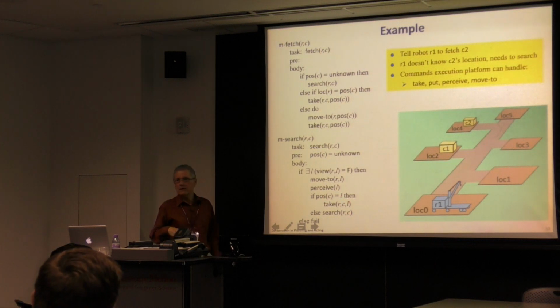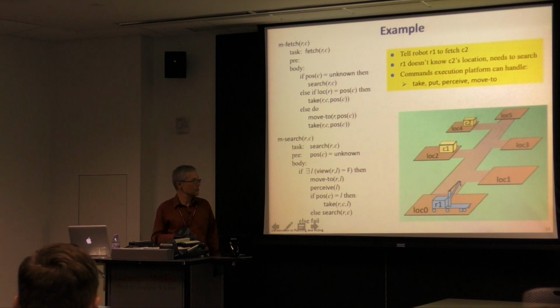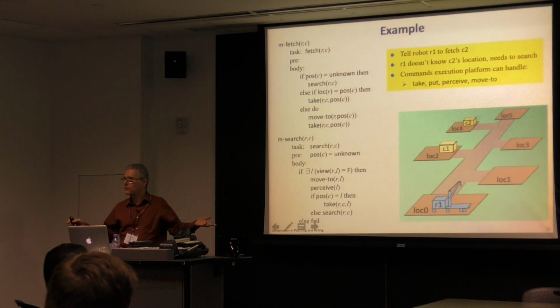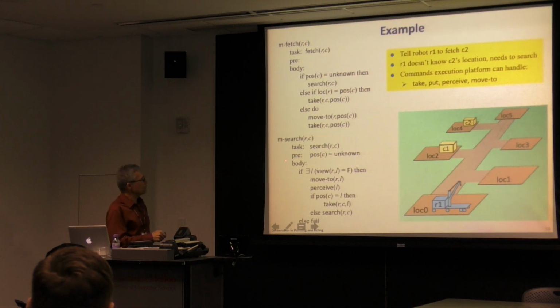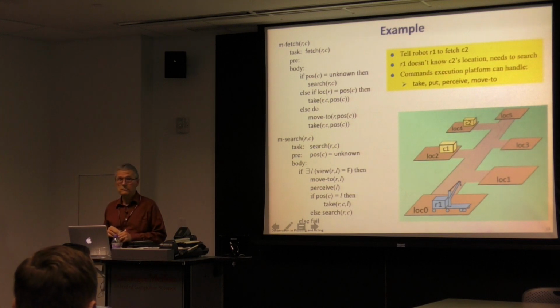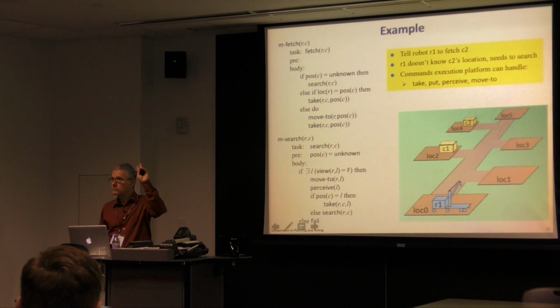Otherwise, recursively, keep searching. And so this would be a recursive call to the search task. You would then use the same method on that, and it would look at another location that you haven't looked at. Okay? If you reach the point where you have looked at all of the locations and haven't found the container, then the else clause is that you fail. Okay? Any questions about that?